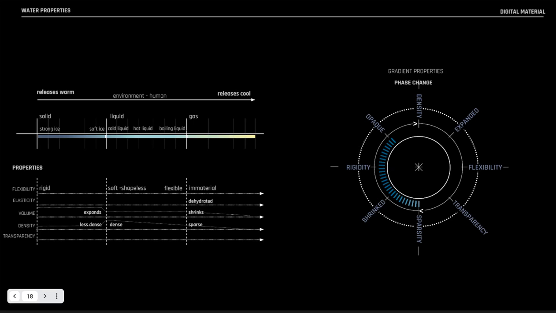So we could say it's more flexible when it's liquid, and rigid when it's solid, while it's more elastic when it's liquid again, or the volume becomes bigger when it becomes solid, or it shrinks when gas evaporates. So through this circle, we tried to understand a material that could approximate different properties. So it's either more rigid and opaque and more dense, or a different combination of properties.